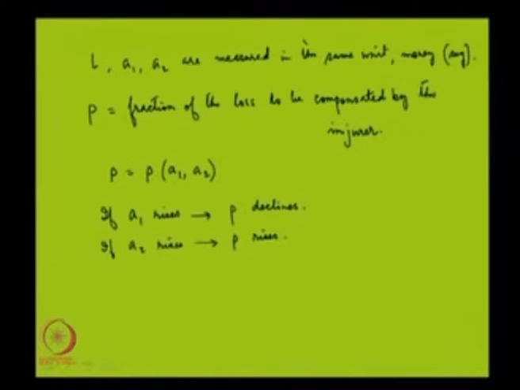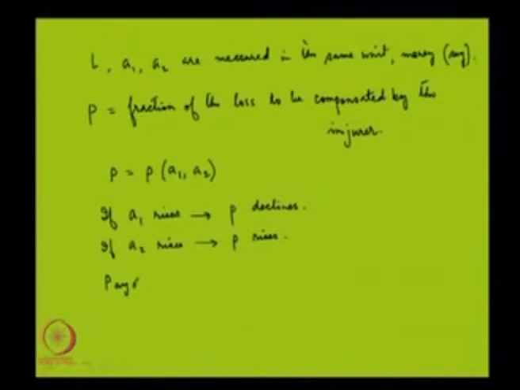Now, in this story, what is the payoff of the injurer when the accident has happened, and when it has been decided what the value of rho is? The payoff to player 1, that is the injurer, is how much?